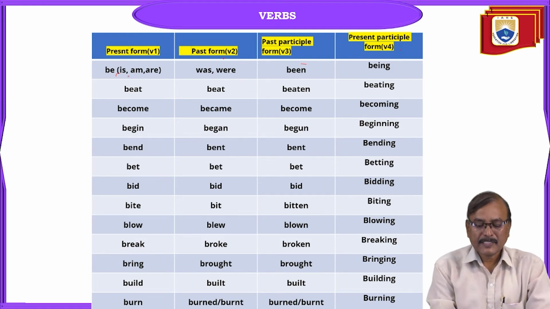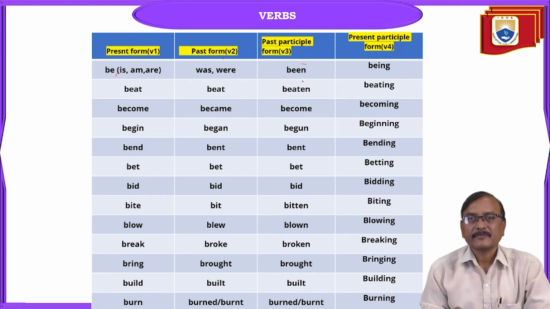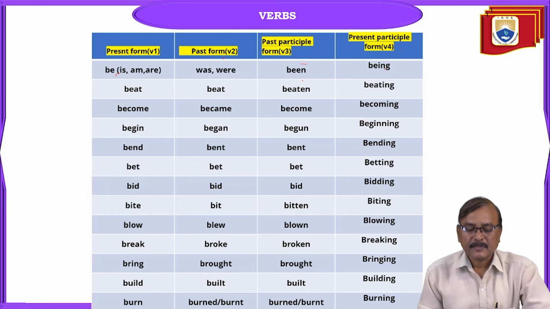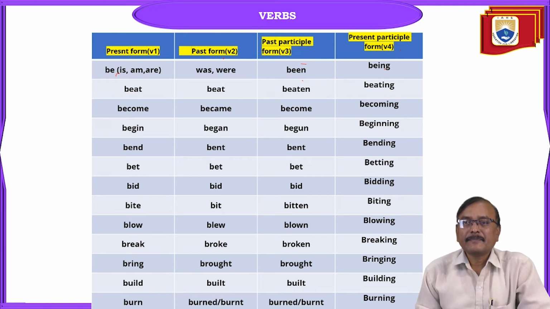What is its past form? For is, the past form is was. For are, were. For am, was. Next, the past participle form is been. Am, was, been. Is, was, been. Are, were, been. Next, beat, bet, beaten.